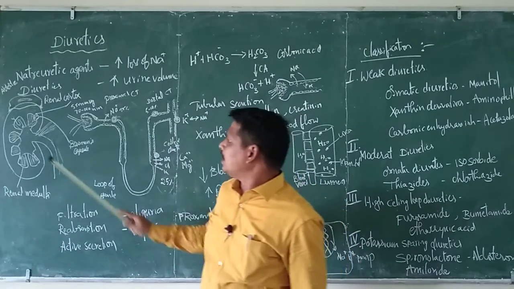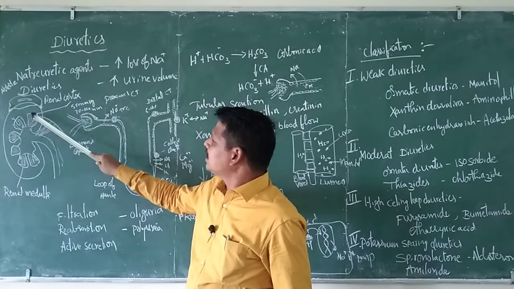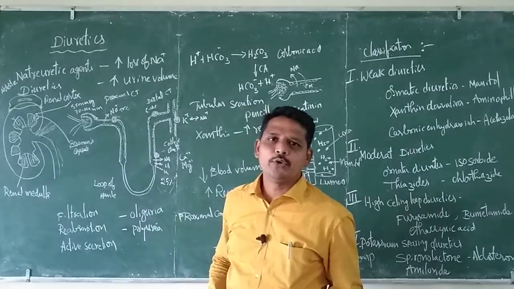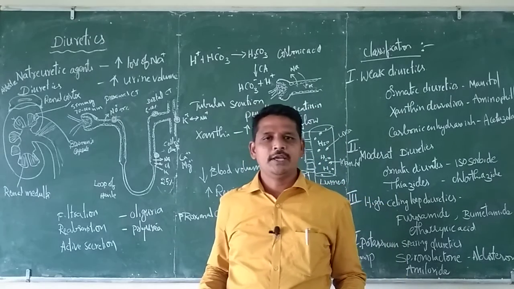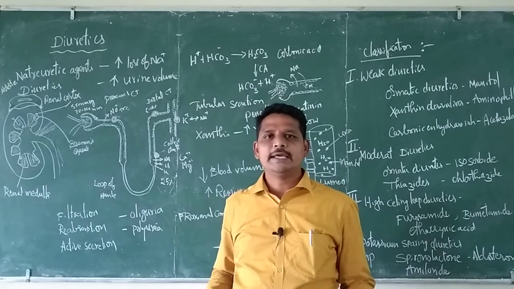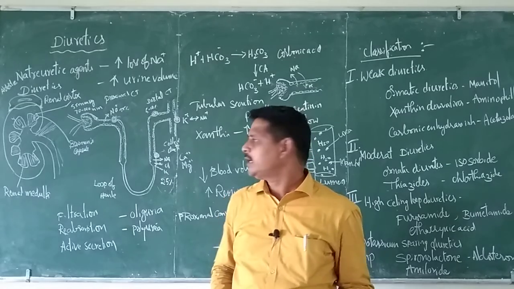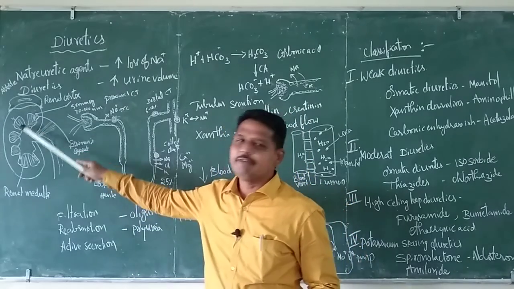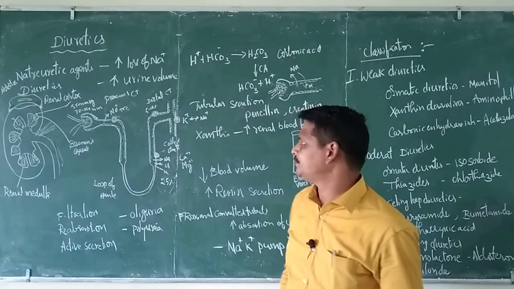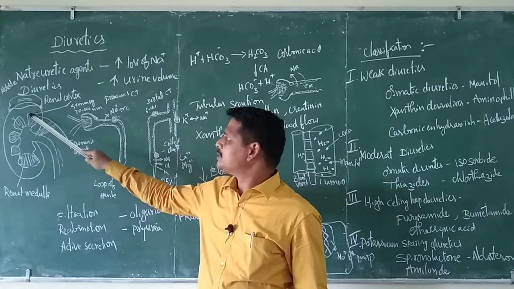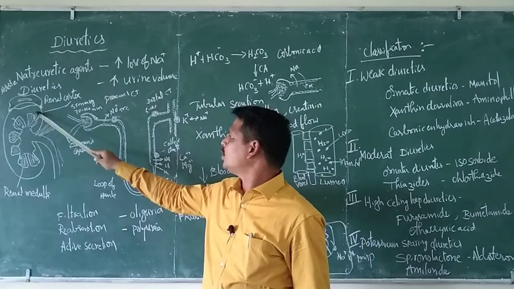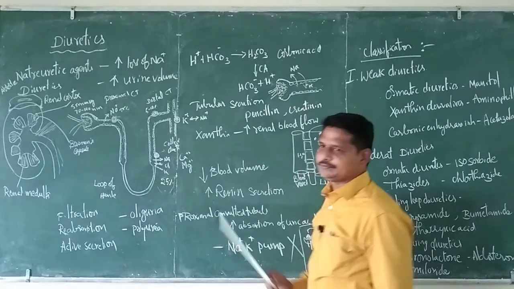And you can see this. The nephron is the functional unit of the kidney. For each kidney there are around 1.2 million nephrons, which are useful for the filtration of your plasma, blood. If I magnify this particular nephron, it will appear somewhat like this.